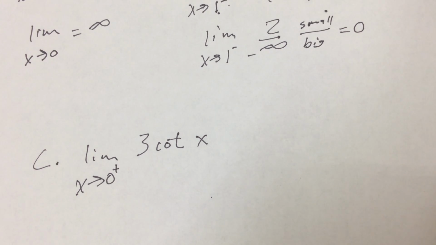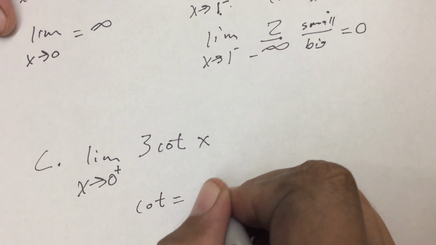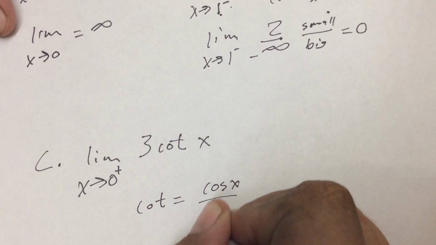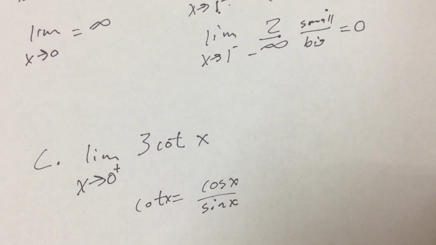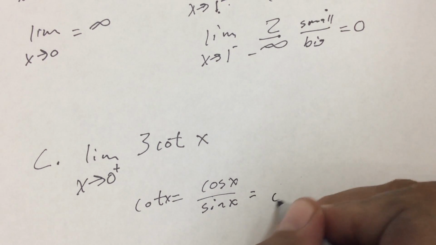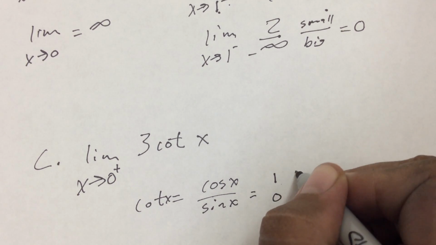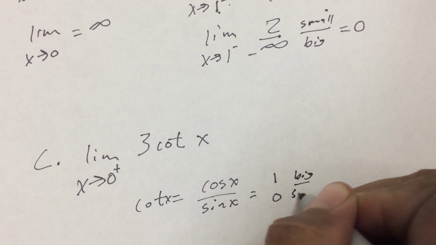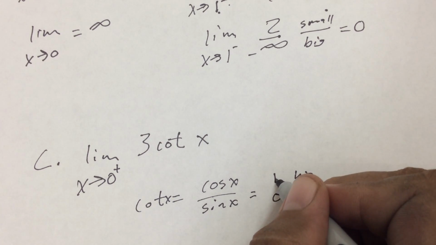Okay, so at 0, again, cotangent is cosine of x over sine of x. Well, at 0, sine is going to be 0. Cosine is going to be 1. So we're going to have big over small. This will go towards 0. This will go towards 1.